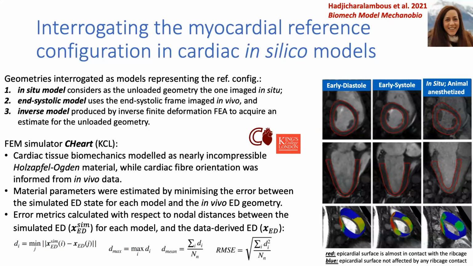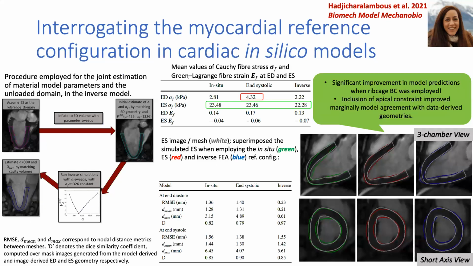Unfortunately, I think I'm almost running out of time, so we'll go super fast. But just summarizing some results, we have to acknowledge a few factors when estimating this zero pressure configuration, like adjacent tissue, like the rib cage, like the lungs, and so on.